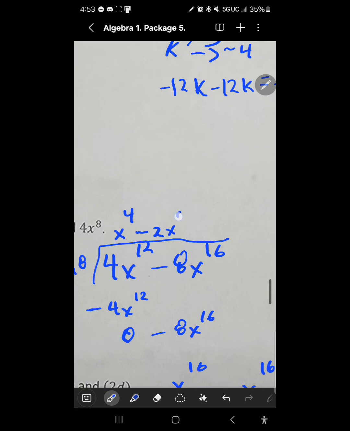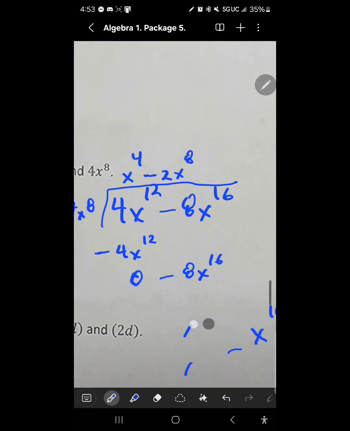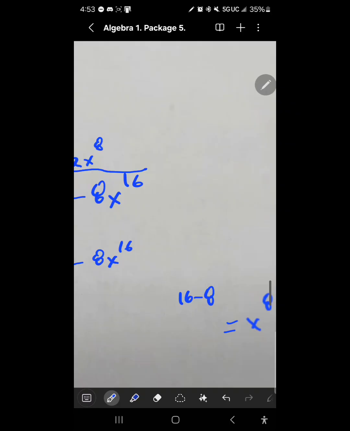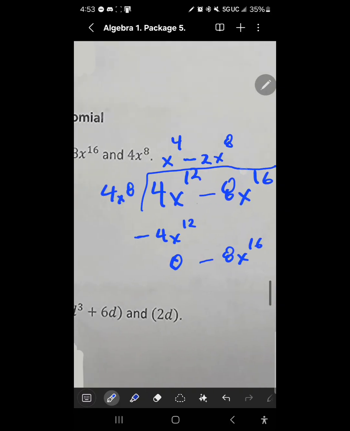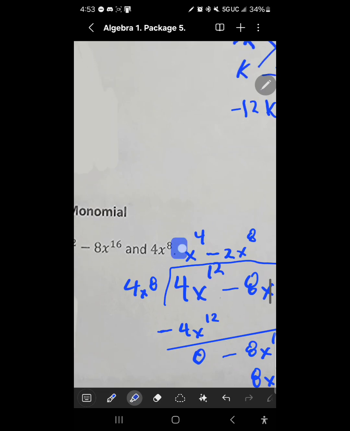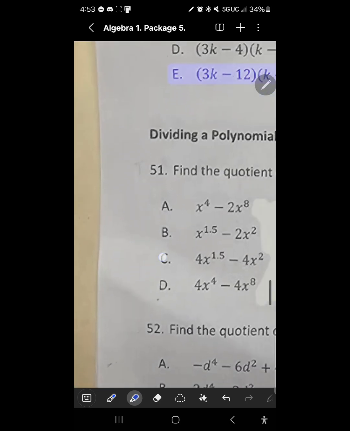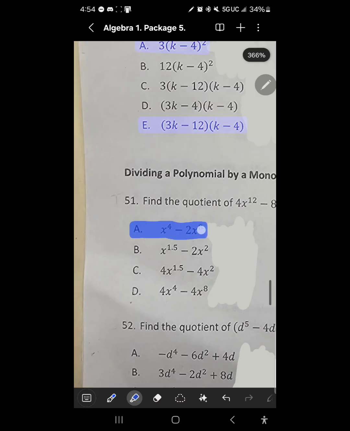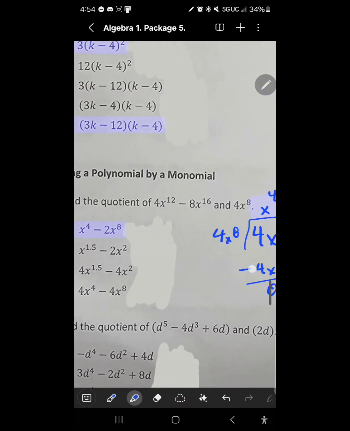So it will be 2x to the 8. Now, since the answer, I will say negative 2x to the 8 times 4x to the 8 will be negative 8x to the 16. But as I say, we always add a negative sign here when we translate the answer here. And minus times minus is positive, so here we are. And then this also will be 0. And our answer is this, which is this, right? Yep.